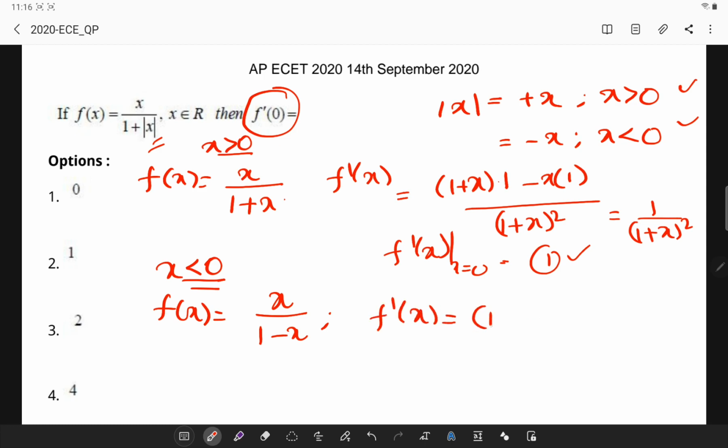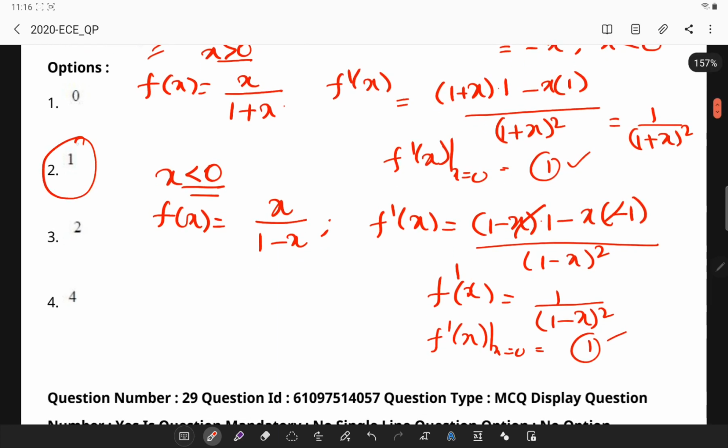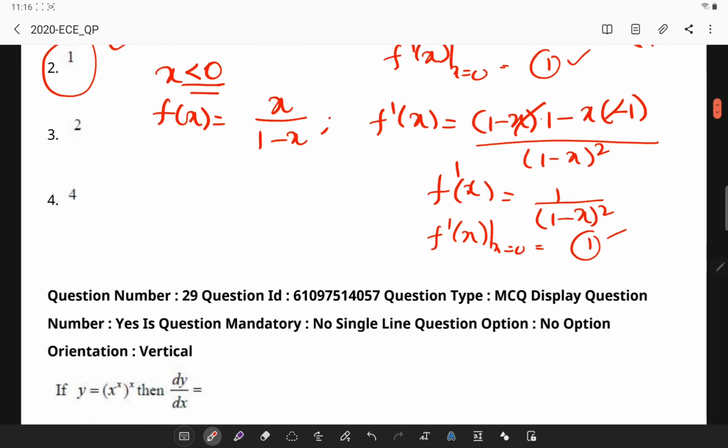It will be (1 minus x) into 1 minus x into minus 1, divided by (1 minus x) whole square. So here also x gets cancelled, and f dash x will be 1 by (1 minus x) whole square. Now substitute x is equal to 0, it will be 1. So either case the answer is 1.